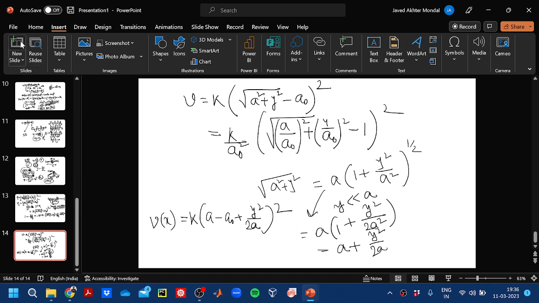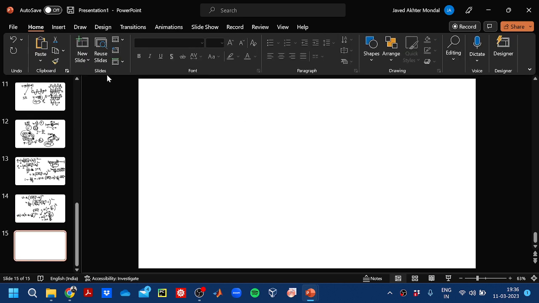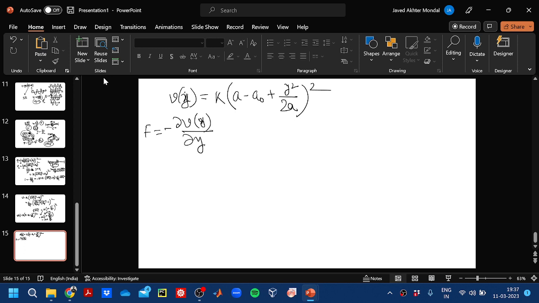So from this potential we can calculate the force. The potential is k into a minus a0 plus y squared by 2a, all squared. If we want to calculate the force, the force along y will be minus dV by dy, so the derivative is with respect to y, and it will give us minus 2k into a minus a0 plus y square by 2a, and we will have 2y by 2a.